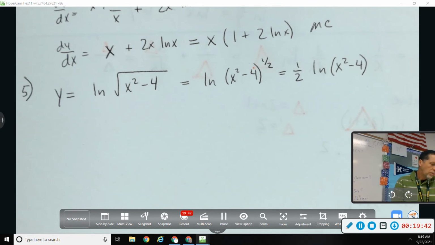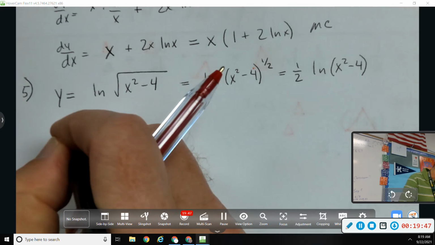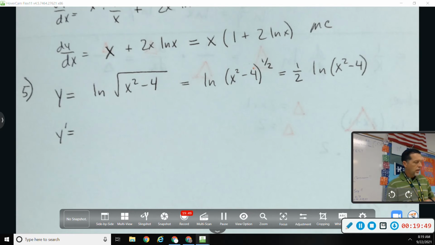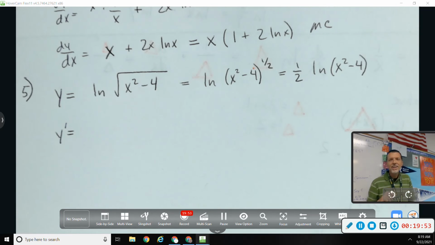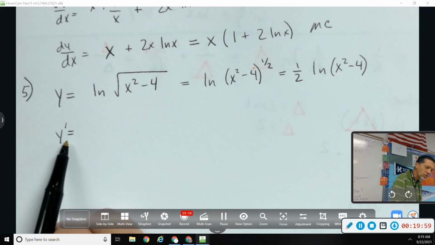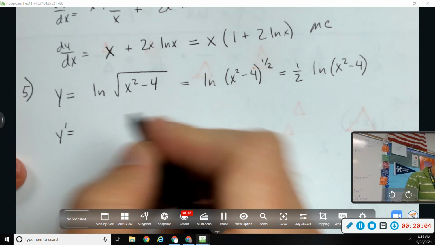But all of that algebra work should make our calculus work a little easier. Remember that y prime is the same as dy dx. It's just, especially for implicit and related rates, I wanted to emphasize dy dx. If you want to start using y prime, you can. It's obviously a little shorter.